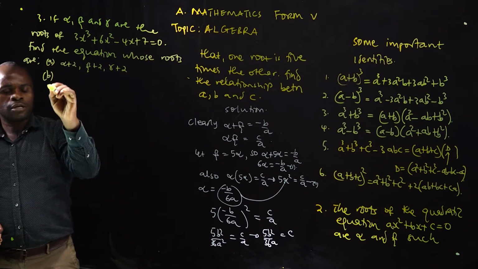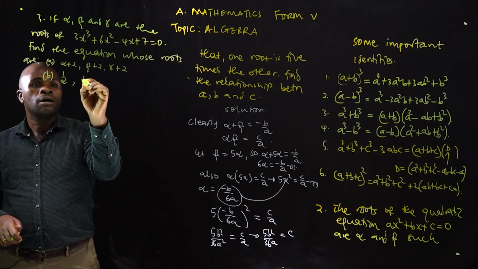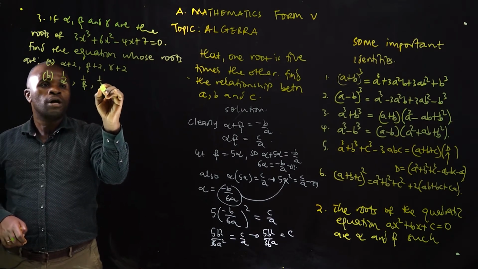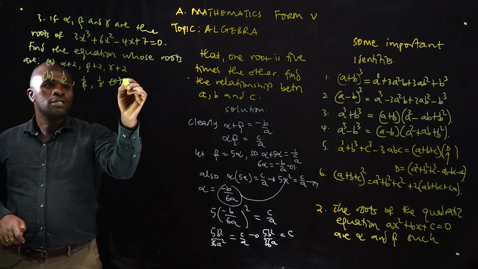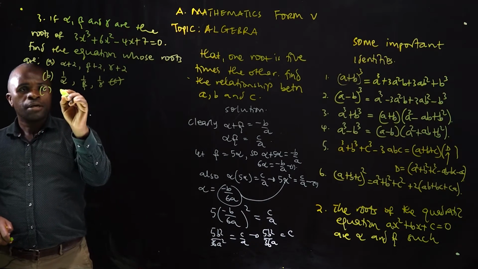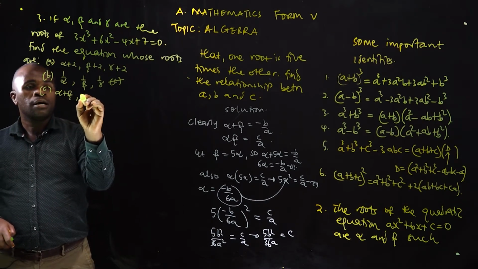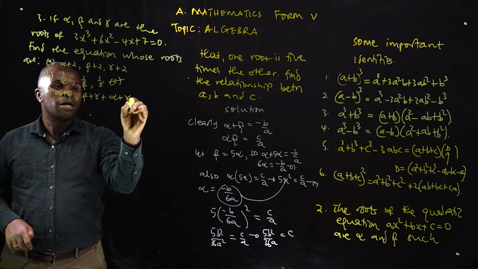B, 1 over alpha, 1 over beta, 1 over gamma. C, alpha plus beta, beta plus gamma, alpha plus gamma.